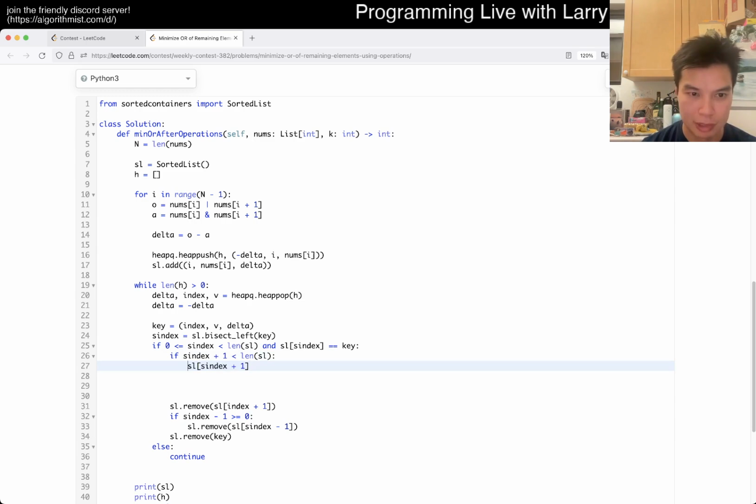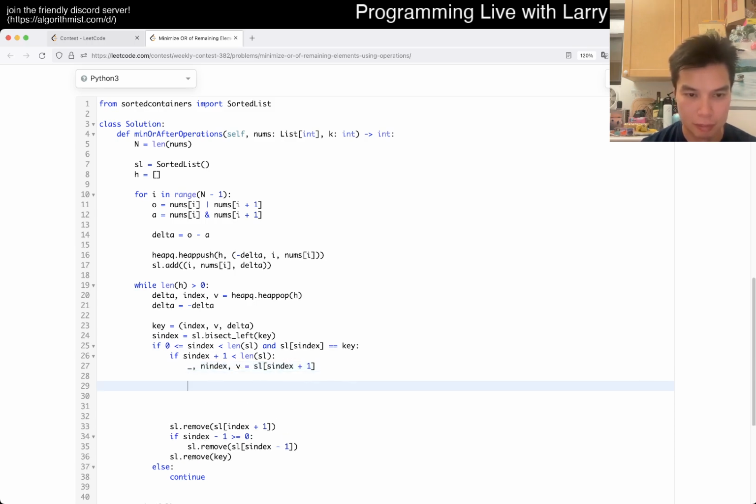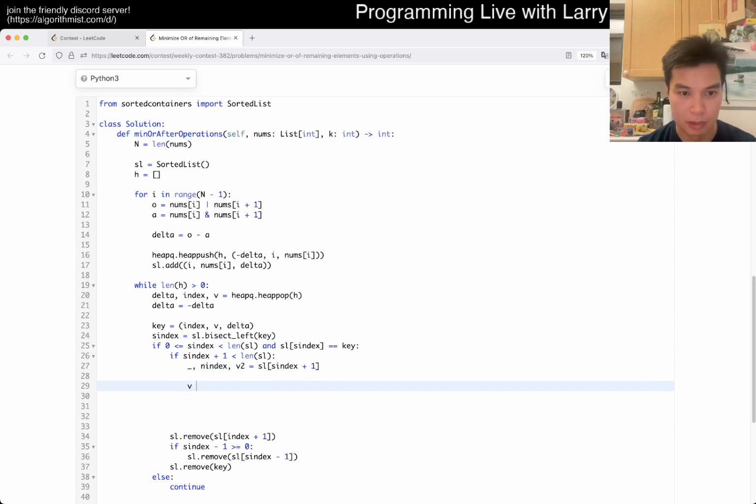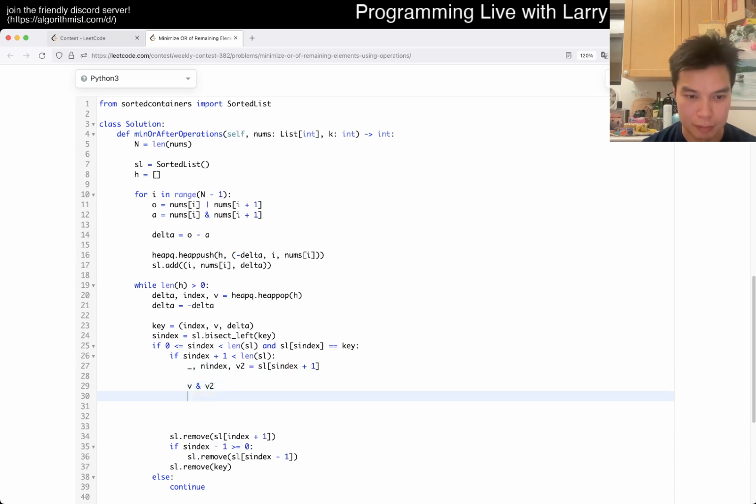This thing will contain some delta we don't care about, the index that we don't care about, and the value which we do care about. And basically, now we want to replace it with right? So yeah. Okay, so we have to remove all the stuff at the end, I think.